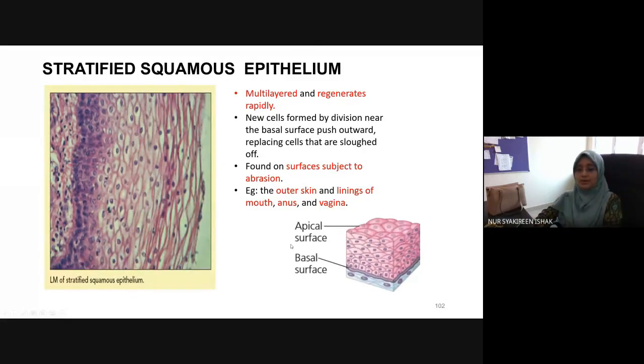Also the anus, the vagina, and actually inside your stomach. Your stomach has hydrochloric acid, which will cause the cells at the surface to be easily damaged, and the damaged cells can be replaced by this method. Regenerate new cells.